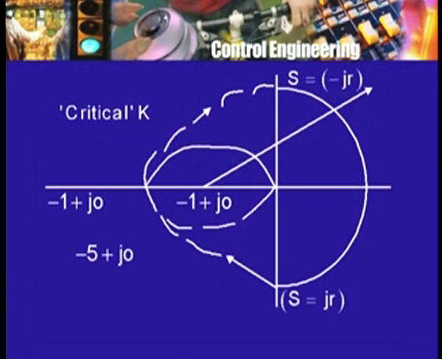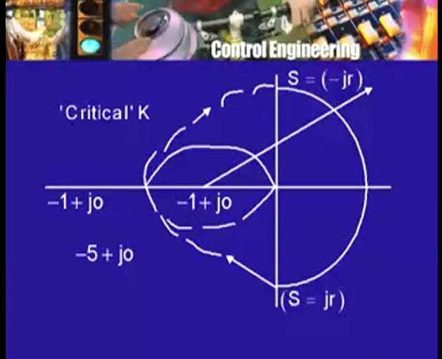So, suppose I increase k by a factor of 3, then I can show it effectively by showing the point somewhere here. So, my point minus 1 plus j0 will now lie here for that value of k. In other words, I have increased k by a factor of 3 from the original value, and now the point minus 1 plus j0 lies here. Now, what is the number of encirclements?